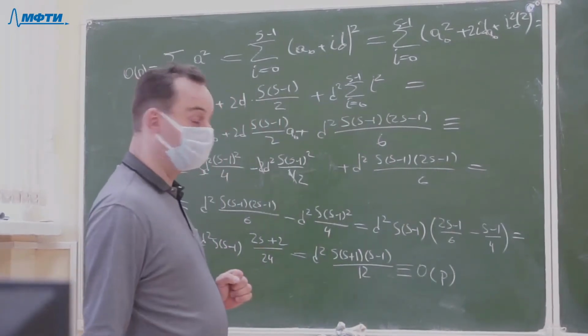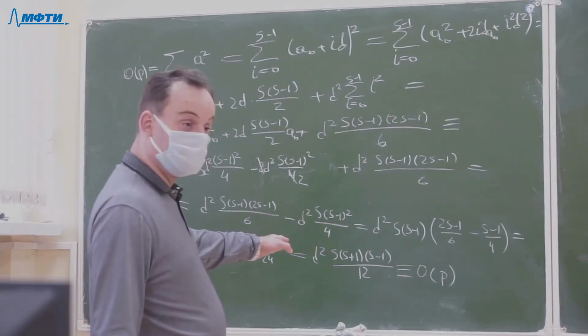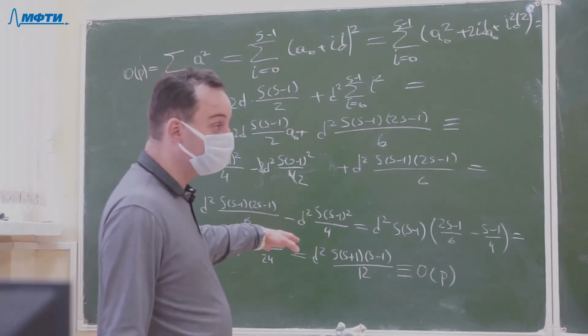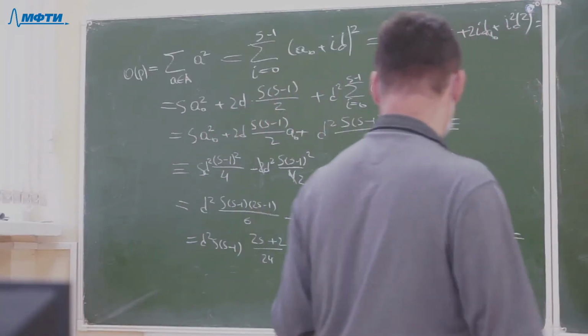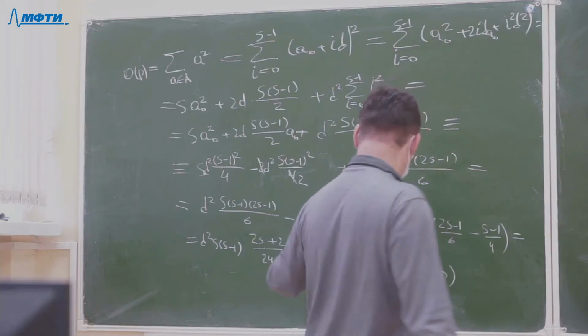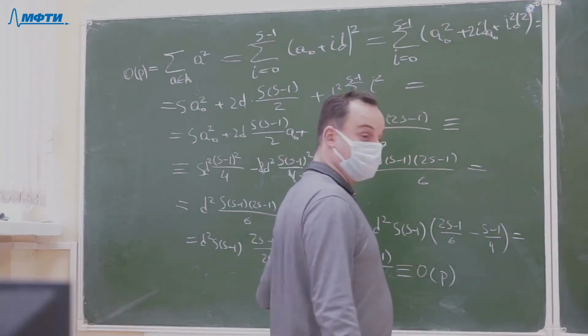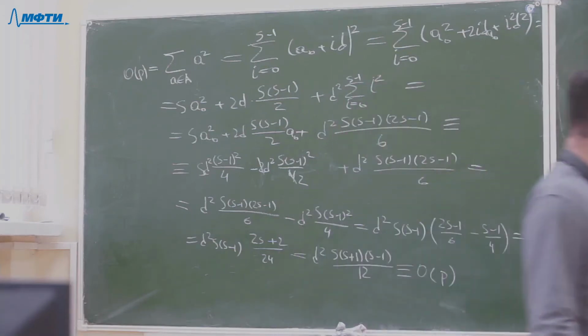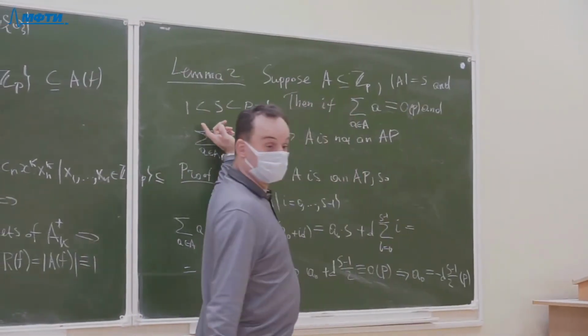Well, look at this. Can it be true? Look, if it's 0 modulo p, this means that either d square is 0, but in this case A is a one element set, and this is forbidden, right?